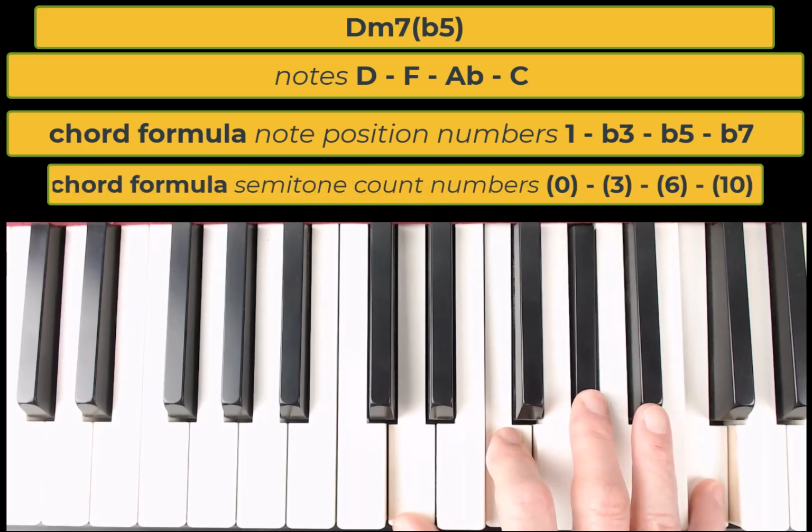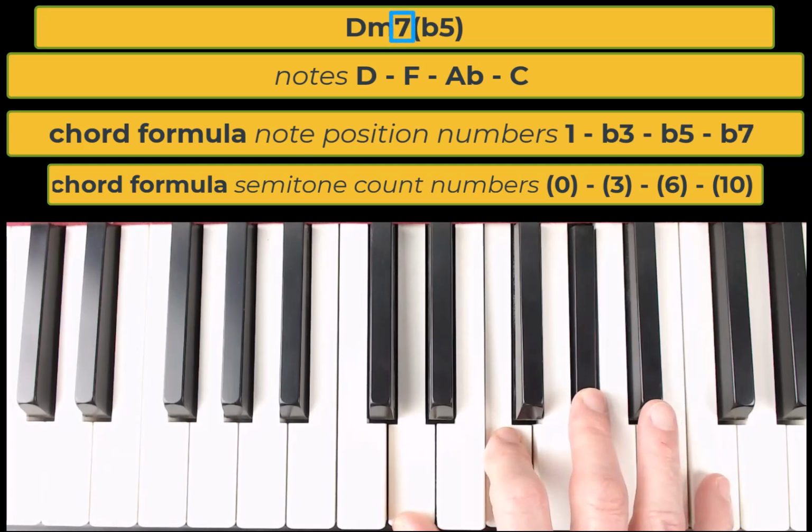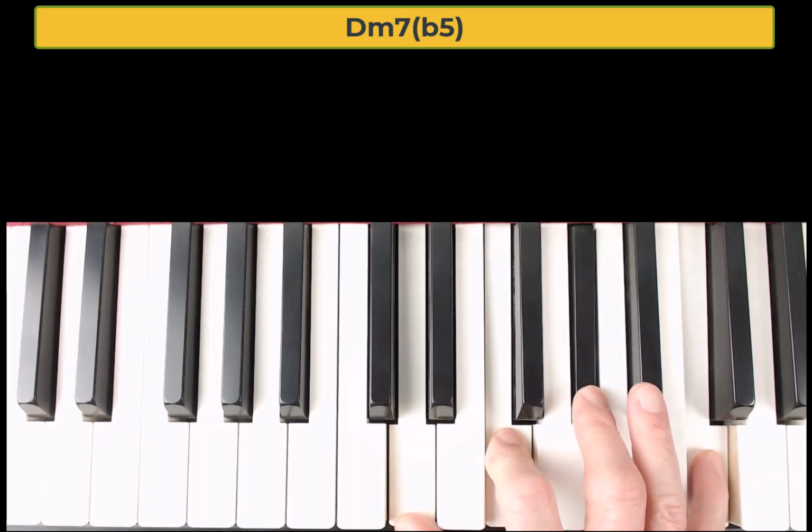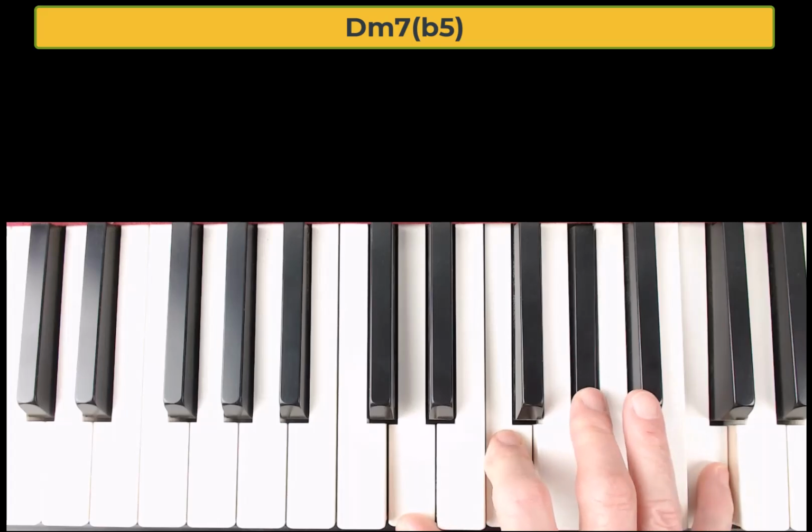But as soon as I see that there's a 7th in that chord, and if it doesn't say a major 7th, I know immediately it's a dominant 7th, which means it's the 10 semitone count. So that's an example of the D minor 7th flat 5.